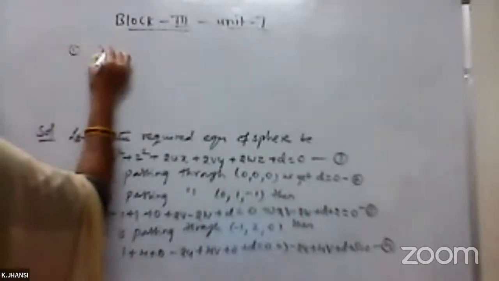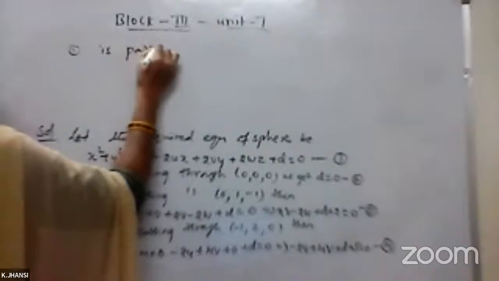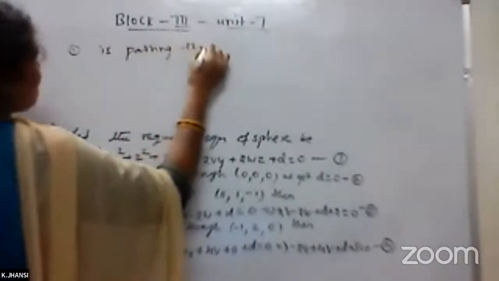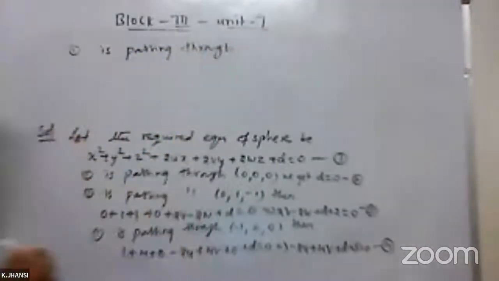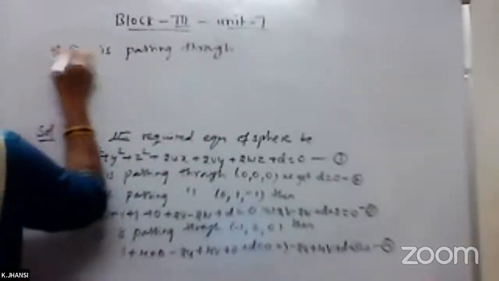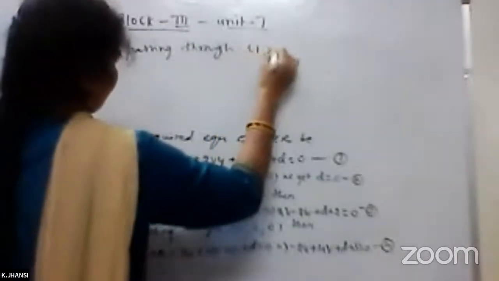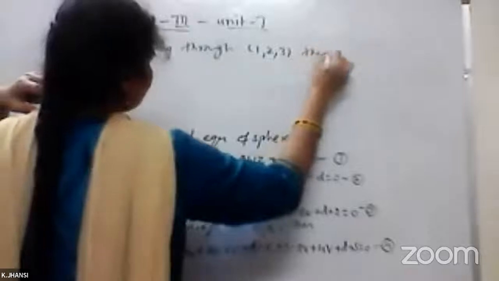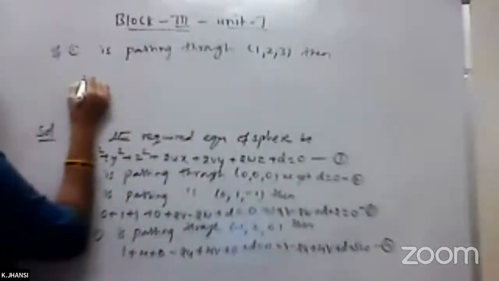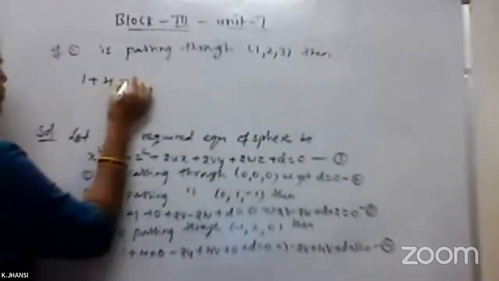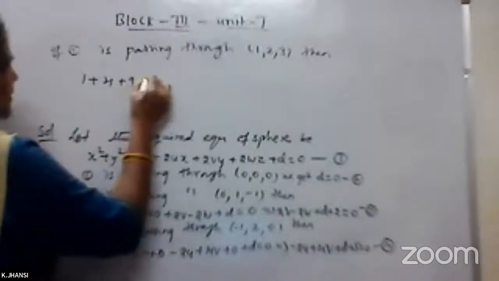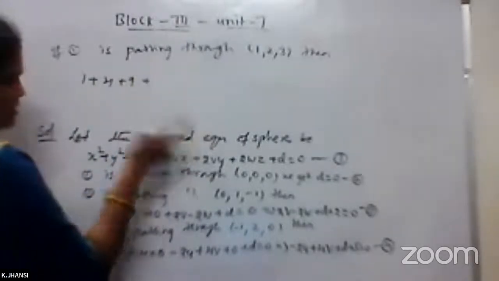So when equation 1 is passing through the last point, 1, 2, 3, we'll get 1 square, 2 square is 4, 3 square is 9, plus 2ux.